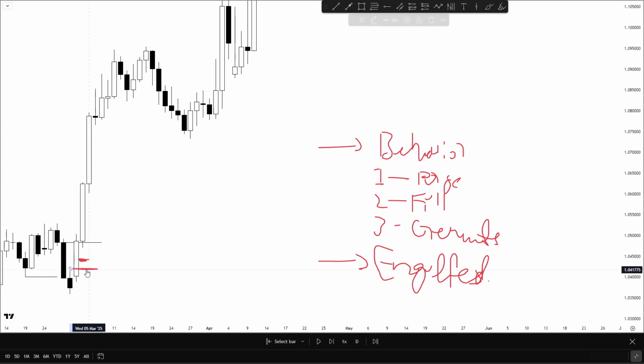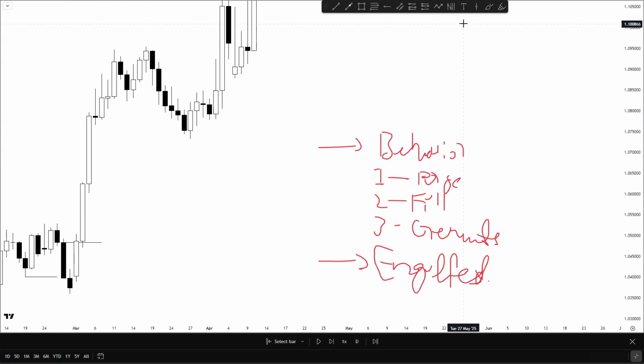But you can see that's not the case here. Instead, what price did is it closed above these two candles as a whole. So in this case, these two candles as a whole would have been the correct order block instead of the single candle that we have below.